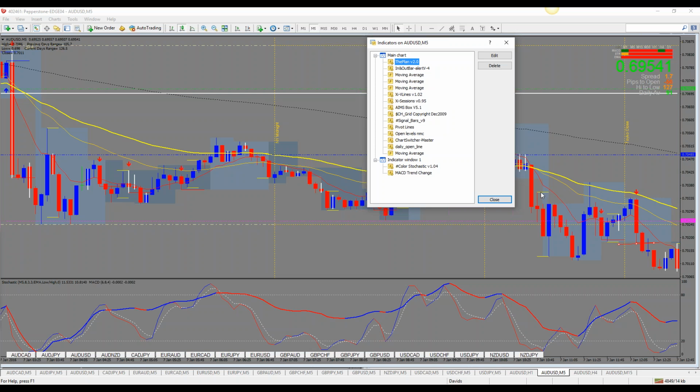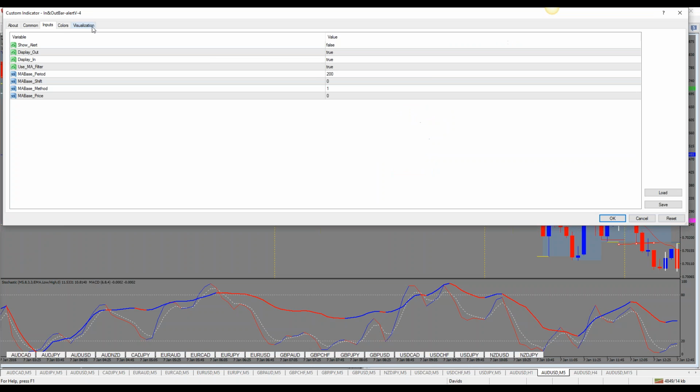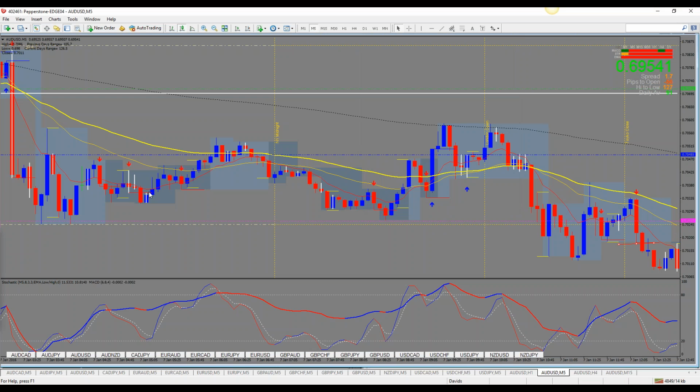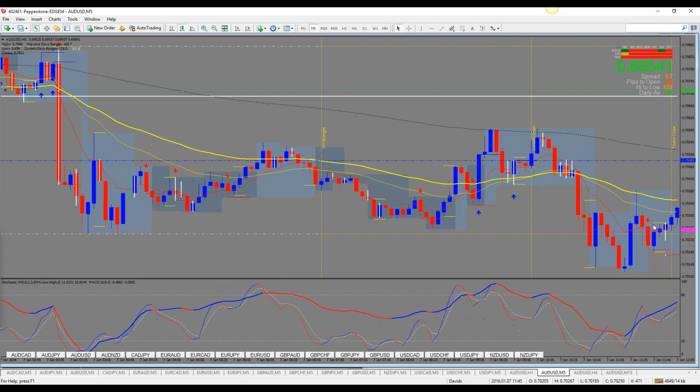I'm not going to get into why I have them in there right now. And then there's my inside outside bar. I don't have any of them on because the market's closed. I can't force it to happen, but it would give me an alert.